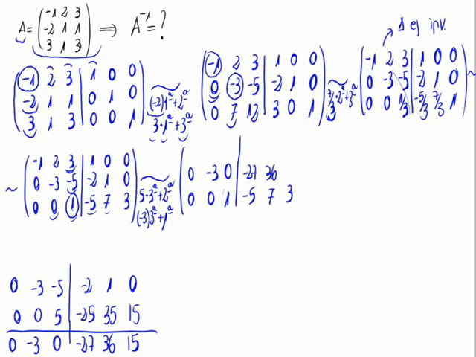Now we copy this in the second row, and we multiply -3 times the third row. -3 times 0, 0, -3 times 0, 0, -3 times 1, -3, -3 times -5, 15, -3 times 7, -21, and -3 times 3, -9.